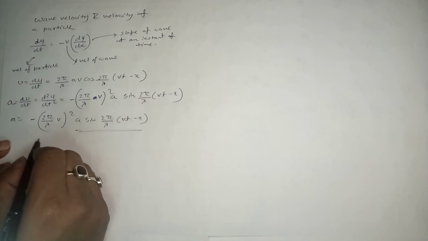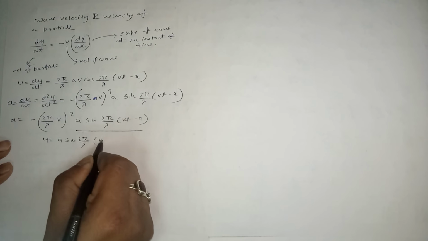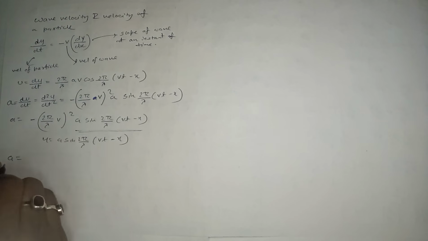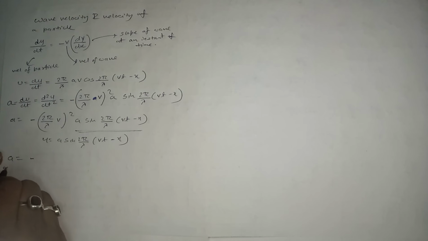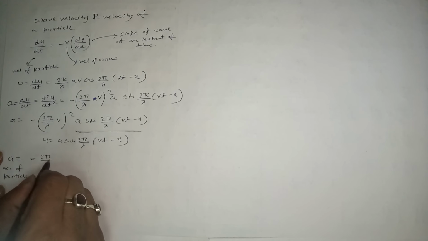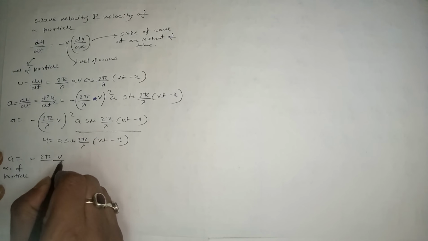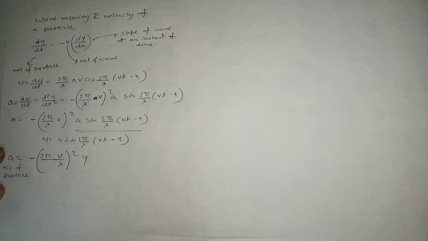y was equal to a sin 2 pi by lambda (vt minus x) in my initial equation. So we can rewrite this equation as acceleration, since we are differentiating the velocity of the particle, so this will be acceleration of particle, equal to minus 2 pi by lambda, v, whole square, y.